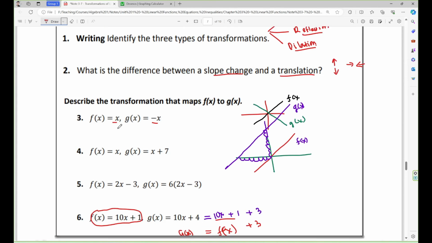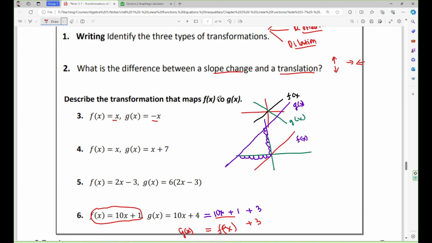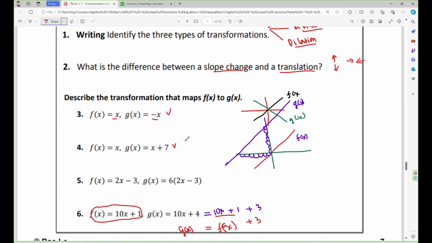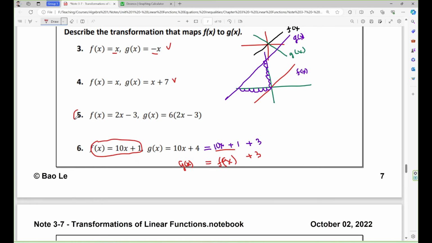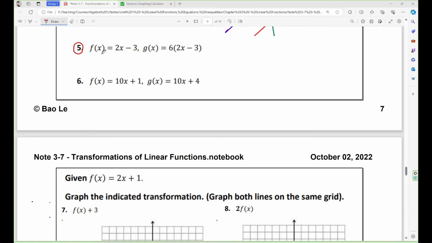Now describe the transformation that maps f of s to g of s. So this is very simple. We just use this example in the note. Alright, let's take a look at number 5 right here. F of s equals 2x minus 3. G of s equals 6 times 2x minus 3, which is the same thing as 6 times f of s, because f of s equals 2x minus 3.